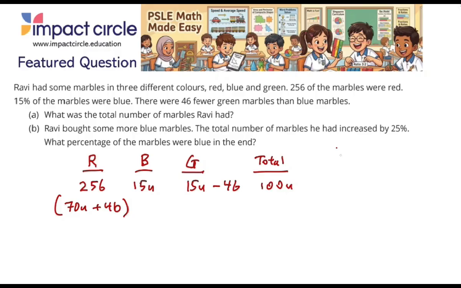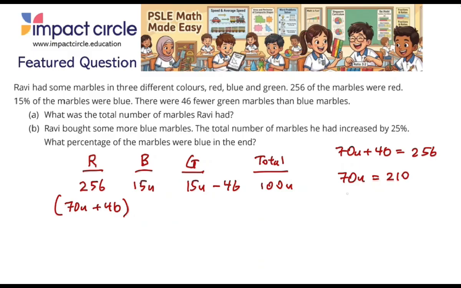Okay? So this tells us that 70U plus 46 will be equals to 256 marbles. Okay? Subtracting 46 from both sides, we will get 70U equals to 256 minus 46, which is 210.